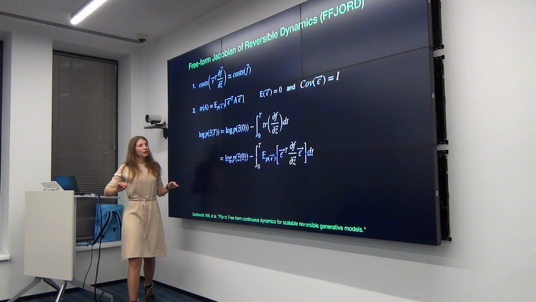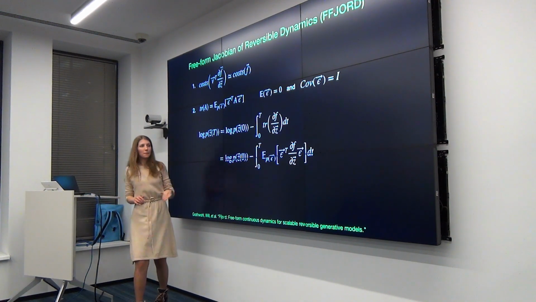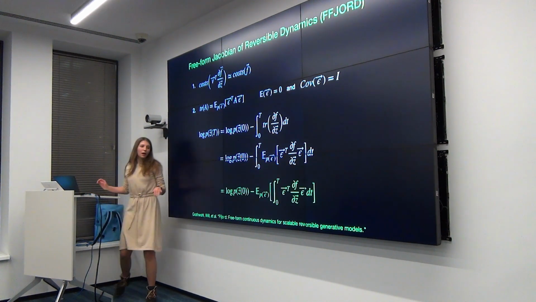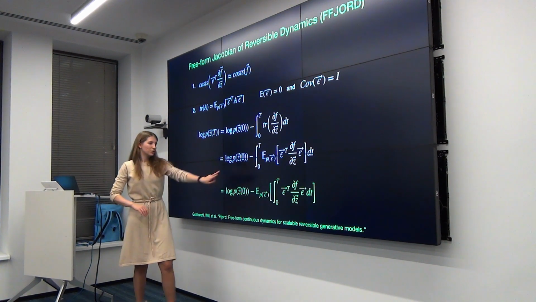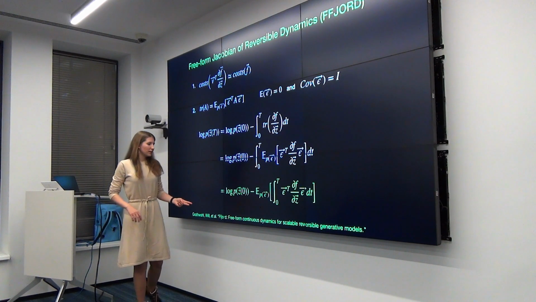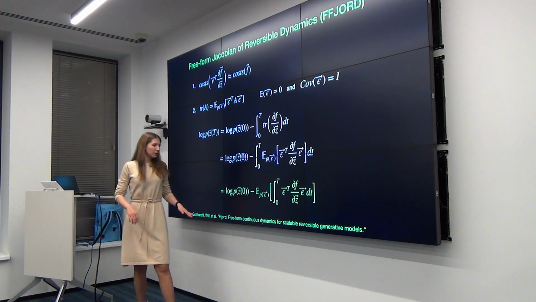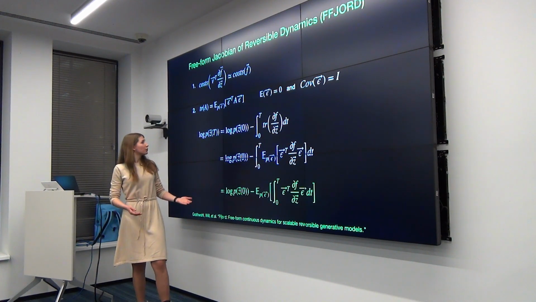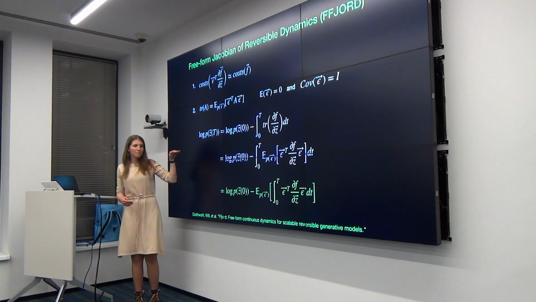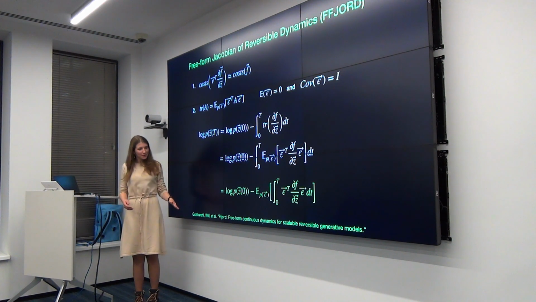First of all, we write it using this formula. And after that, we swap expectation and integration. And if we throw out the expectation, we will get an unbiased estimate for our log probability. Okay, and this is the main idea of FFJORD.